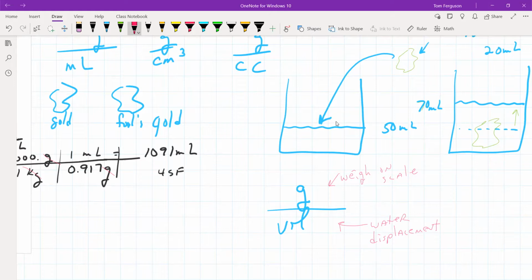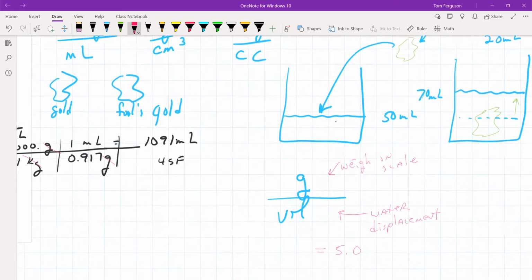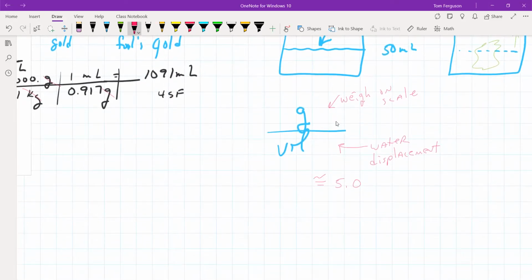So if the grams per volume is equal to 5-ish, because fool's gold is not pure, neither is the gold, that's the fool's gold.